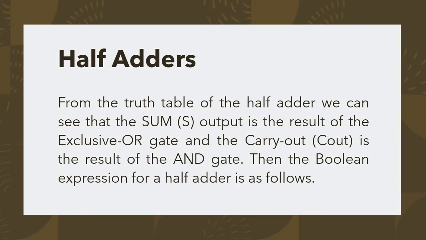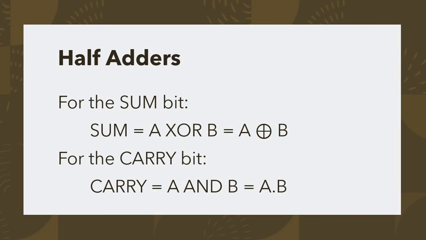From the truth table of the half adder, if you look at the sum, it is the result of the XOR gate, and of course the AND gate carries the C out, or the carry out output. So that is the explanation: sum is A XOR B. This is now the symbol when it comes to Boolean expression.